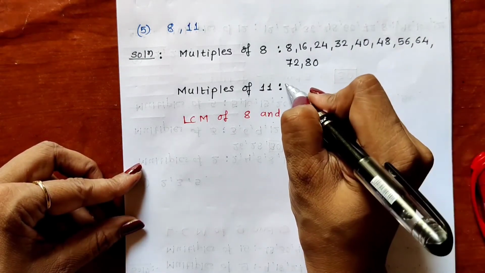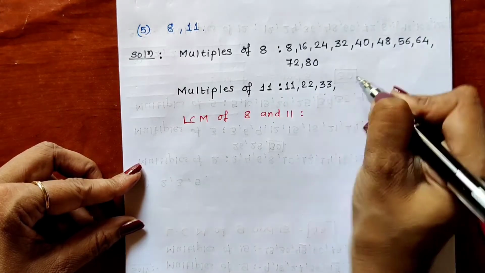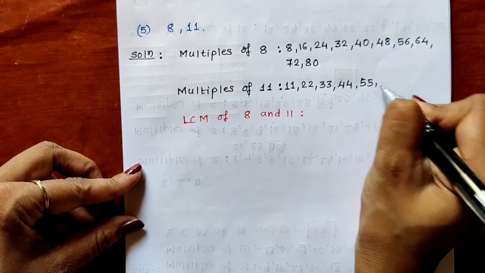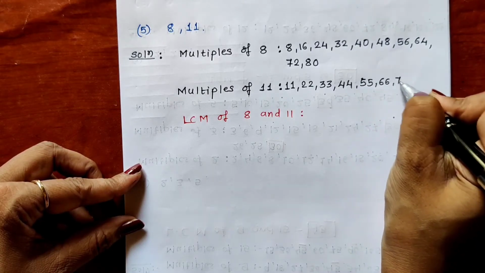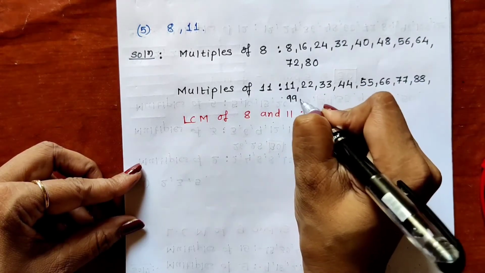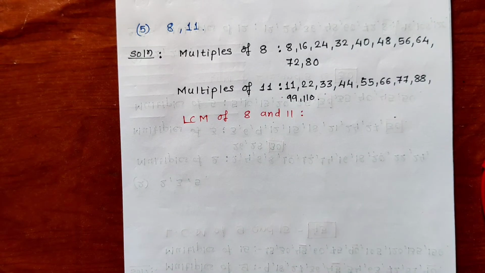Now write the 11's table. 22, 33, 44, 55, 66, 77, 88, 99, 110. 11 tens are 110.